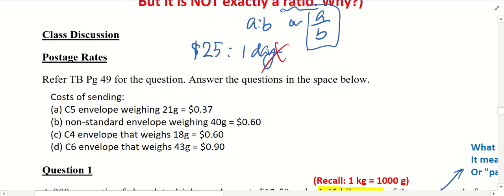We are not looking at how much it costs to send every 1 gram or every 10 grams of parcel or envelope. In this case, this is by category, right? So it's not exactly the kind of examples that we are typically looking at for rates, but just take note, this is a very useful skill.